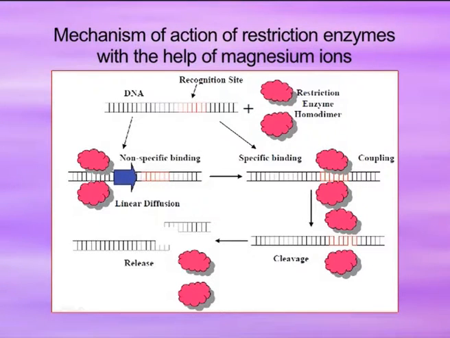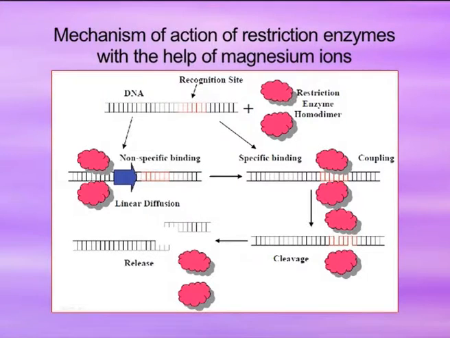The hydrogen bonds help in the tight association of the enzyme with the bases present in the target sequence. During this process, more hydrogen bonds are formed and water molecules and ions are released, so that the association between the DNA and the enzyme becomes more tight.